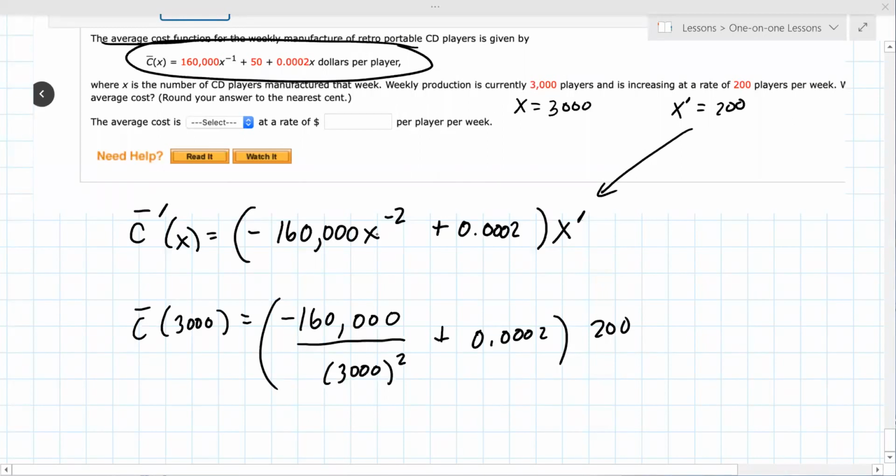Minus 160,000 times 200 over 3,000 squared plus 0.002 times 200, all of that. So I get negative 3.52. So the average cost is decreasing at a rate of 3.52. Since it's negative, that's why it's decreasing, but you don't put the negative in this part.